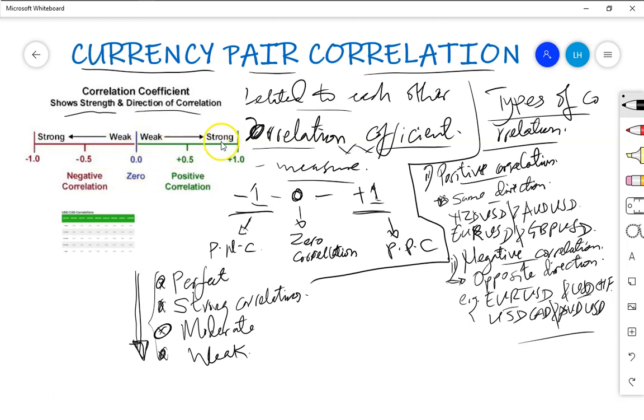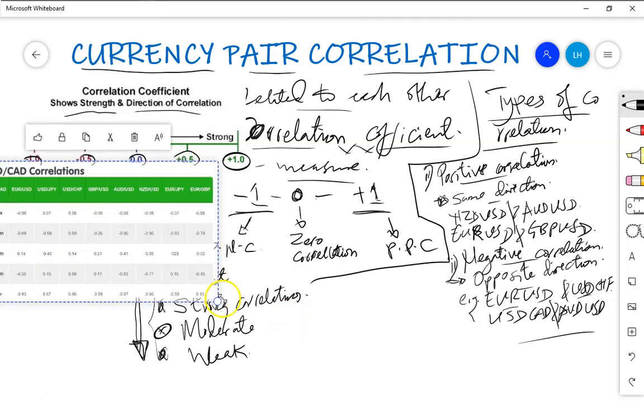Also, from 0 to positive, as you move toward +1, the strength of correlation always increases, and as you move from +1 toward 0, the strength always decreases. When presenting correlation coefficients, you are advised to always present them in decimal, so it is 1.0, -1.0, or -0 point something. That's the suggestion on how to present those correlations.